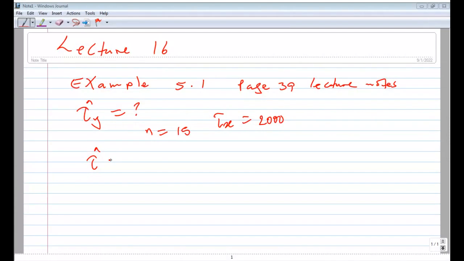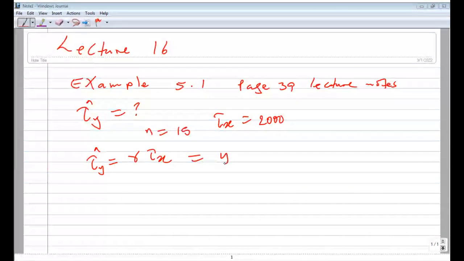So tau y in ratio estimation is defined by R tau x, where R is the ratio estimator, which is equivalent to R is equal to y bar over x bar times tau x.